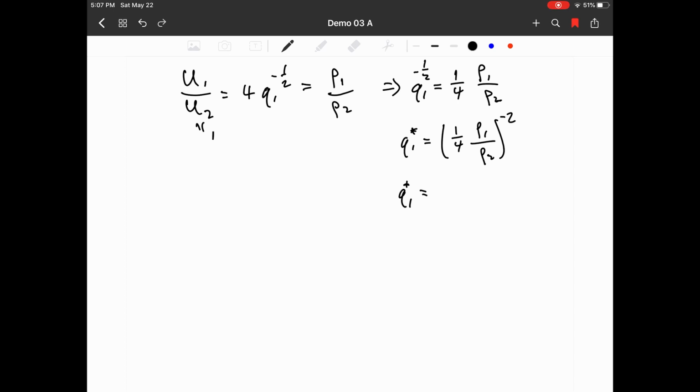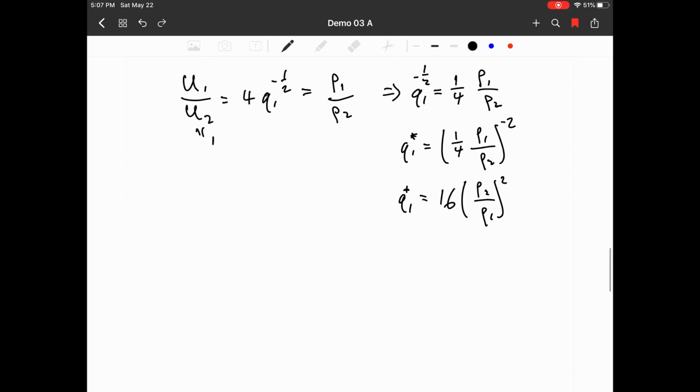Okay, so we have 4 squared times P2 over P1 squared. So this, just erase this and write it as 16. Okay, so this is our solution to the consumer's problem for quantity 1.